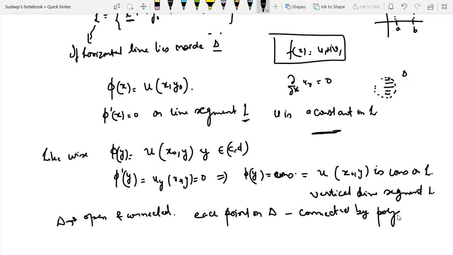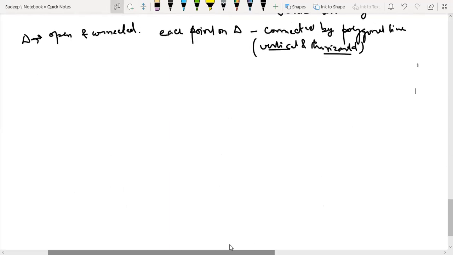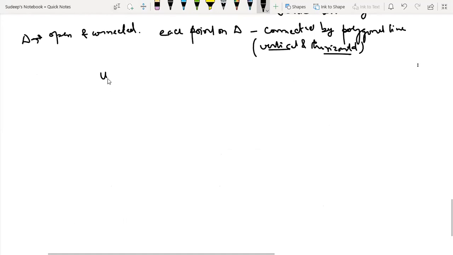If I take a polygonal line, I can take these vertical and horizontal segments also. Each point can be connected by these vertical and horizontal segments, and I know that on each of these, my u is a constant. So therefore, I would say that my u is a constant on the complete domain D.